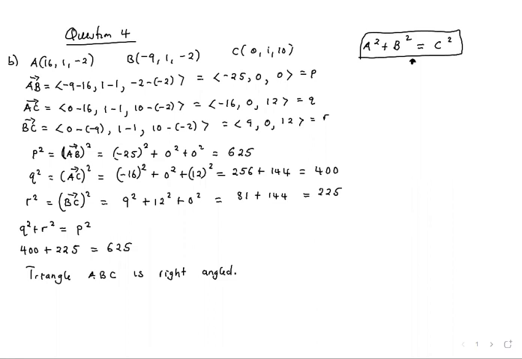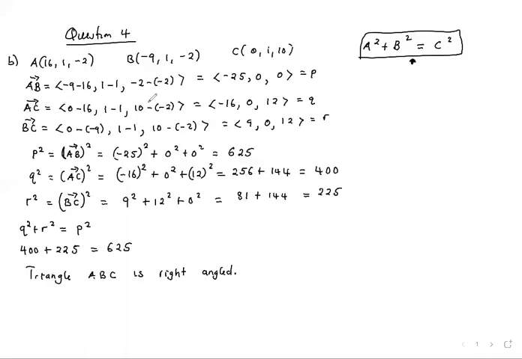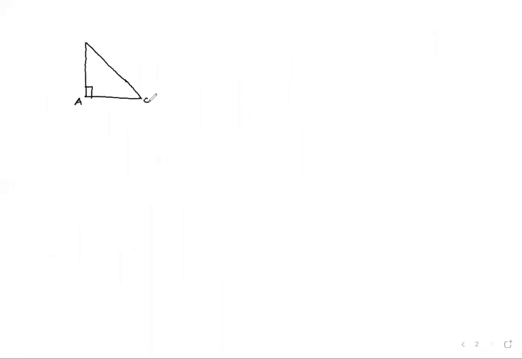So now we sketch. We are saying Q, which is AC, is the side giving us 400. So you can say A, C, and then that is AC, and then another side is BC, another small side.